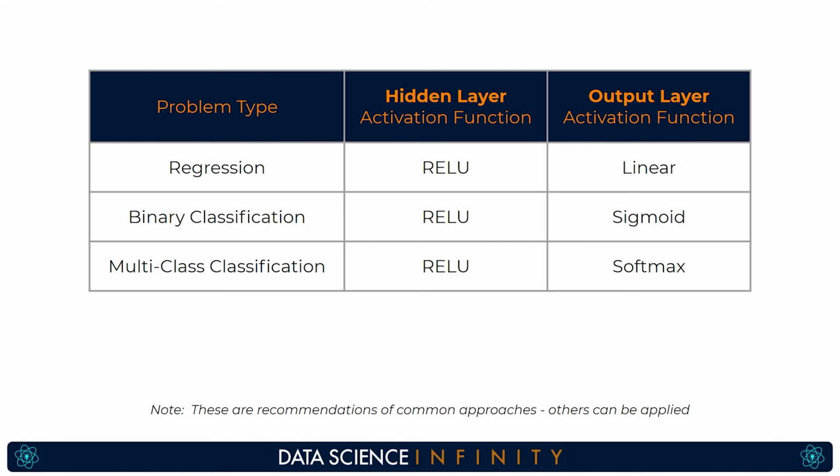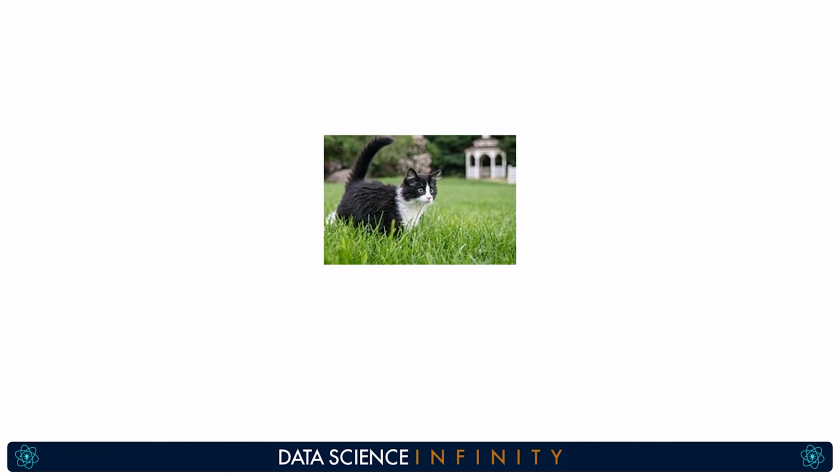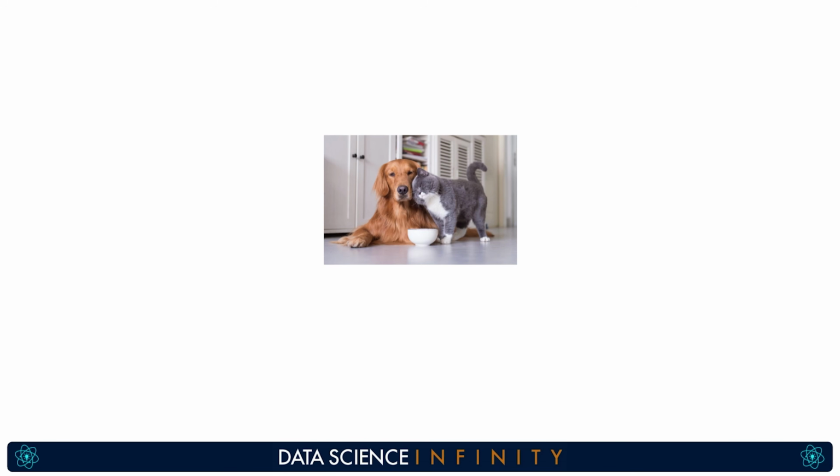Now, very quickly, I want to give you one more tidbit of information regarding this. At some point, you may find yourself looking to work on what is known as a multi-label classification problem. This would be where instead of trying to categorize this image here as either cat or dog or cow like we did in our example earlier, we might have an image like this which contains both a cat and a dog. In other words, multiple labels on a single image, and hence the name multi-label classification.